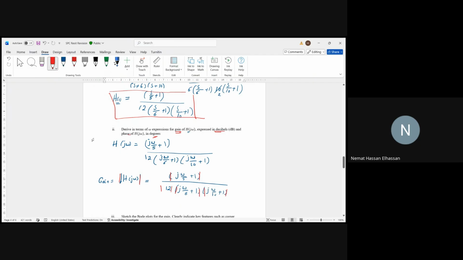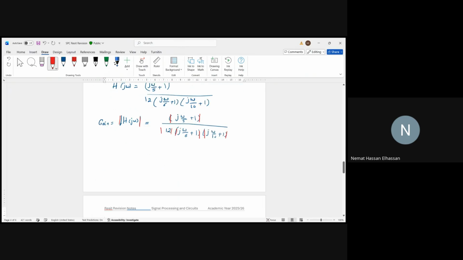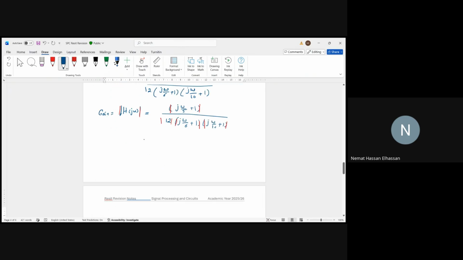Using complex algebra, the magnitudes are equal to the square root of omega over 5 squared plus 1 squared, divided by the magnitude of 12, which is 12, times the square root of omega over 6 squared plus 1 squared, times the square root of omega over 10 squared plus 1 squared. So that is the gain.